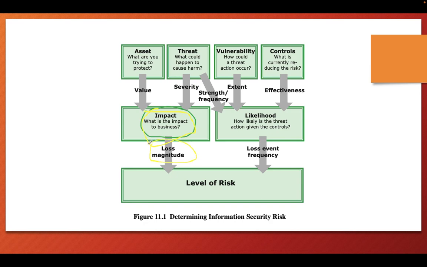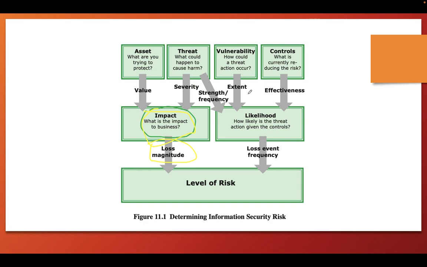How much of this asset will be lost due to a threat that has been introduced or that has had access to this information. So this is the level of risk. Before then, you look at the vulnerability. Vulnerability is the extent to which this will happen, right?